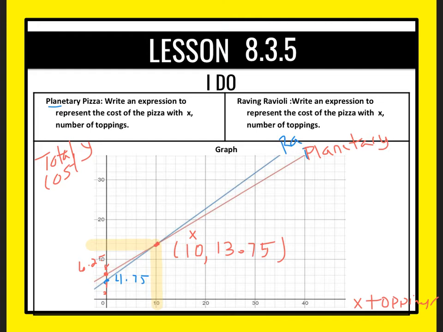So remember I talked about that in my table. If I look at Raving Ravioli right here, notice the graph is below the Planetary Pizza because from 0 to 9 toppings, it costs less to go to Raving Ravioli in comparison to Planetary Pizza. But the main thing is looking at that point of intersection. That same point, 10 toppings, $13.75, looking at it in a graph.